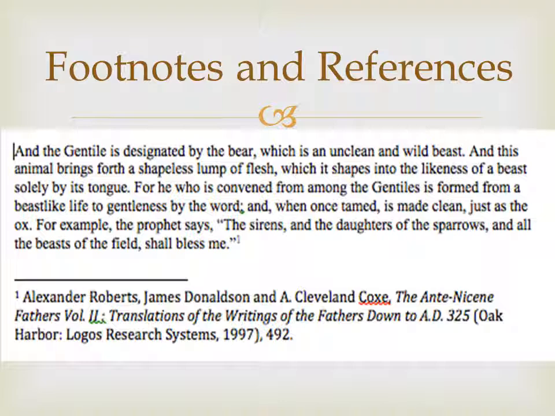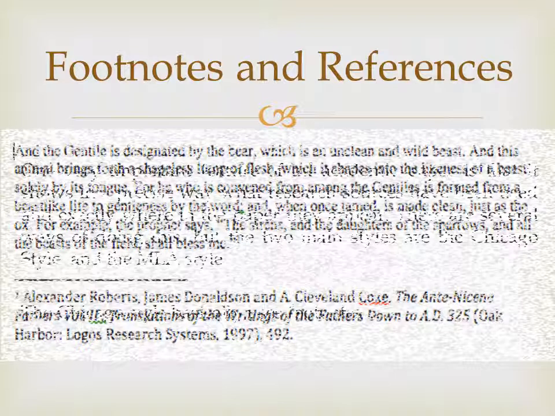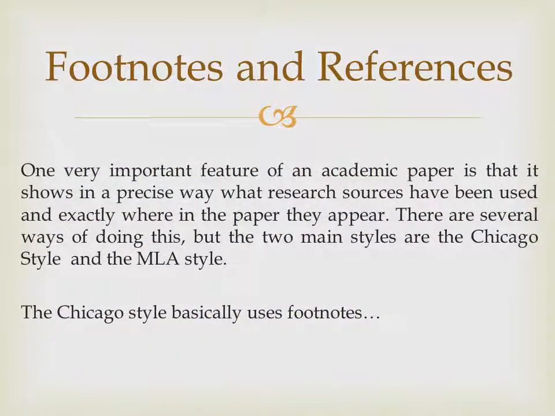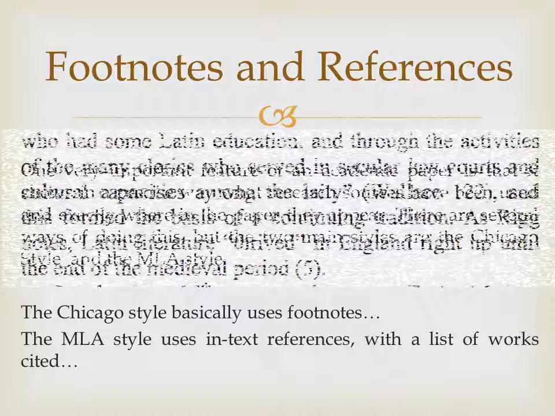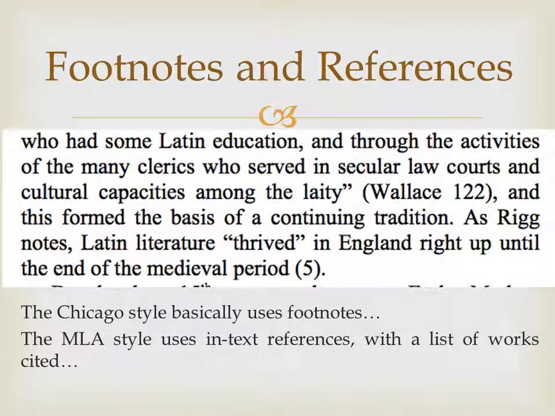In MLA, how do they do it? They do it rather differently. It uses a list of works cited. So we might get something like this. Wallace 122. Wallace is the myoji, the family name, of the person who wrote the paper, and 122 is the page of the paper.